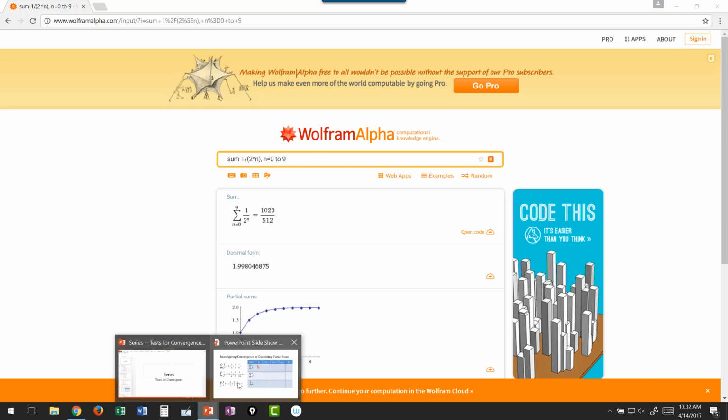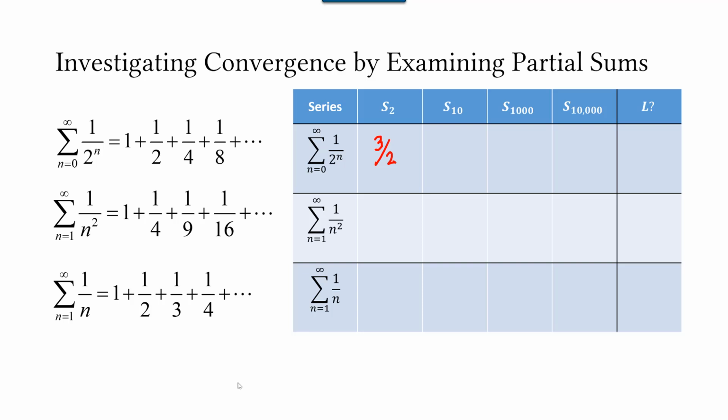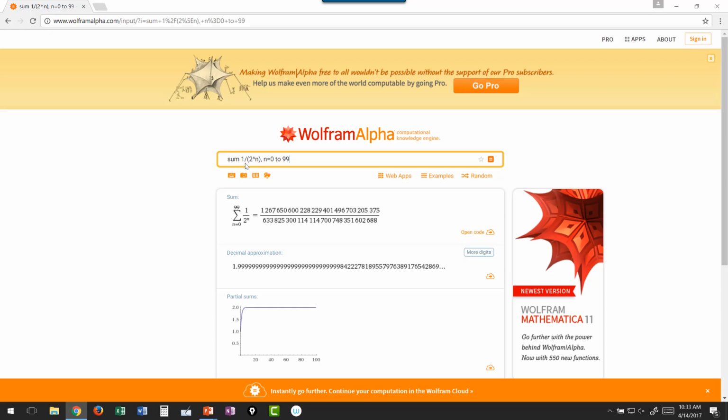So that's already fairly suggestive of what the sum is going to be. Let's do another. For the first 1,000 terms, I would go from n equals 0 to 999.